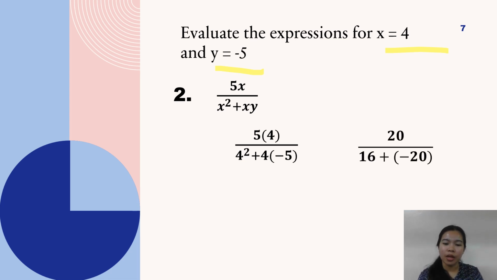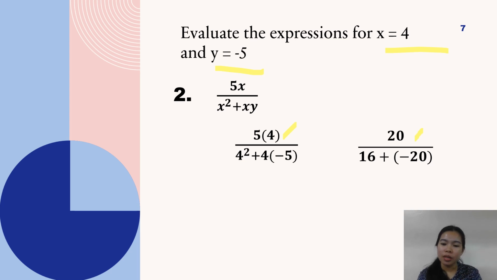So first thing is to multiply the ones in the numerator, which is 5 times 4. So that's equal to 20. And the ones in the denominator, start with the ones in parentheses because we have a process called PEMDAS. So the first thing you should multiply is the ones in parentheses, followed by the exponent right here.